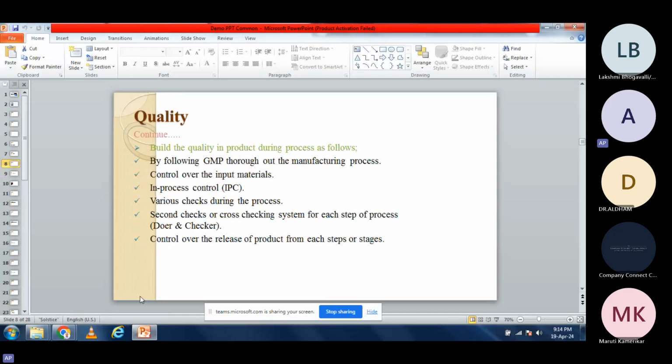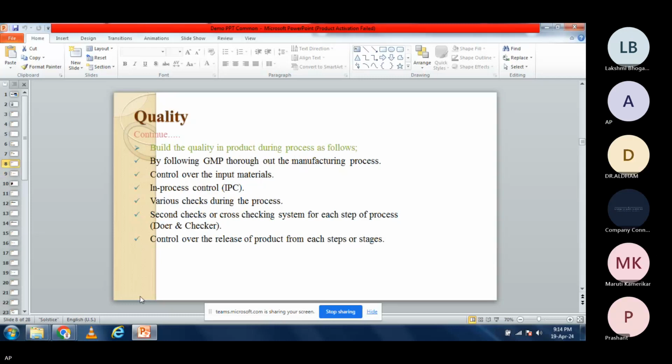Control over the release of a product from each stage or step. When a particular step is completed, its documentation checks and quality checks are completed, then the product will go to the next step. That is the build-up of quality. Suppose during manufacturing at the granulation stage, some contamination or product mix-up had happened, and the product is not a quality product.